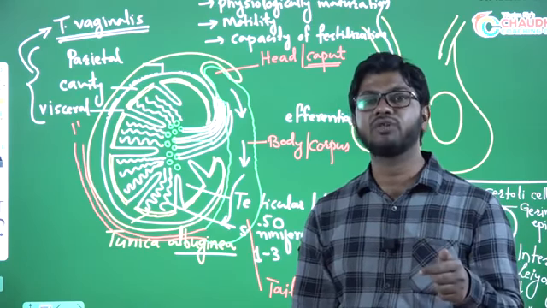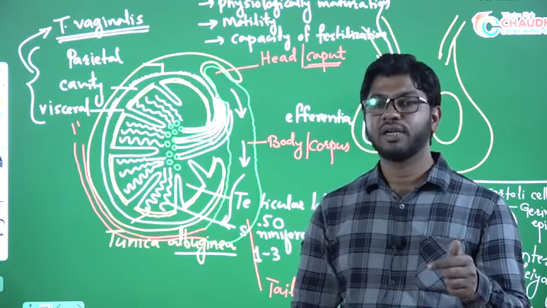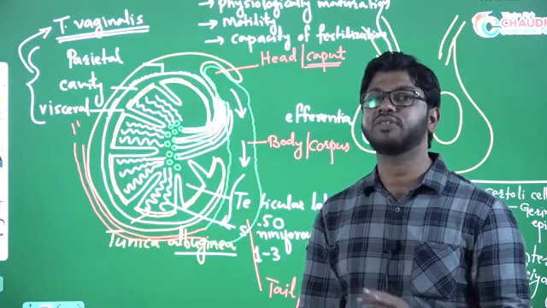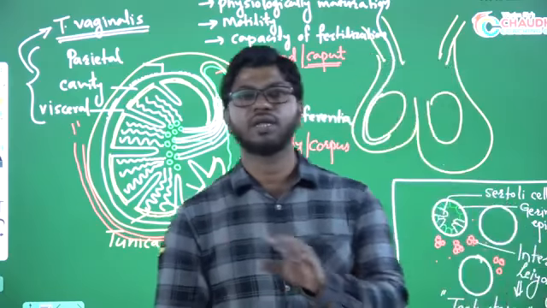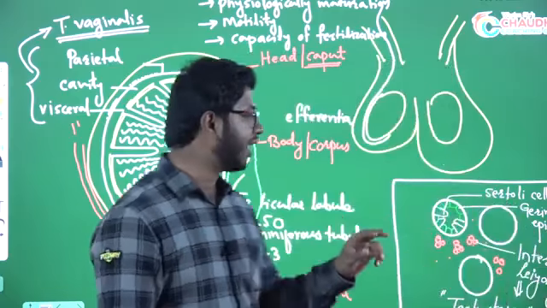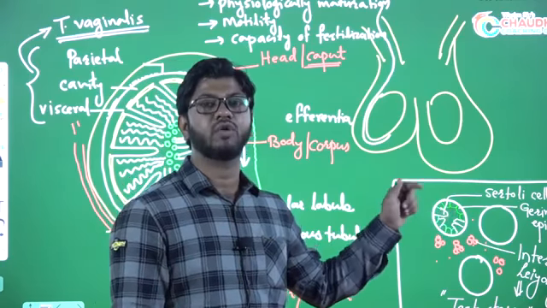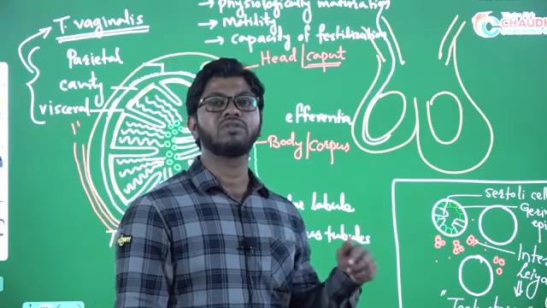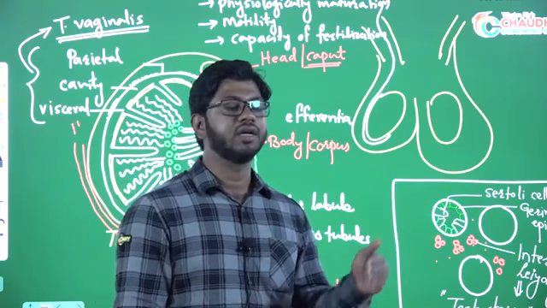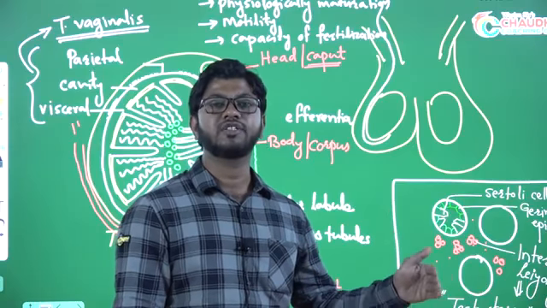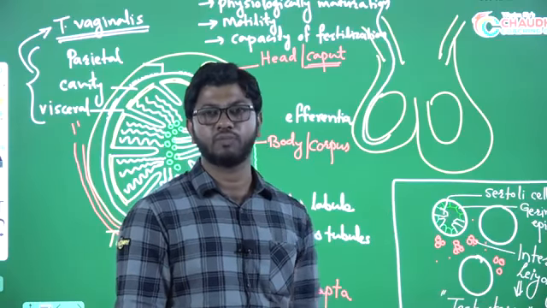Spermatogenesis, that is sperm formation, takes place in the seminiferous tubule, because that tubule is lined by germinal epithelium cells which undergo meiosis and produce primary spermatocyte, then secondary spermatocyte, spermatid, and the spermatid matures into sperm.